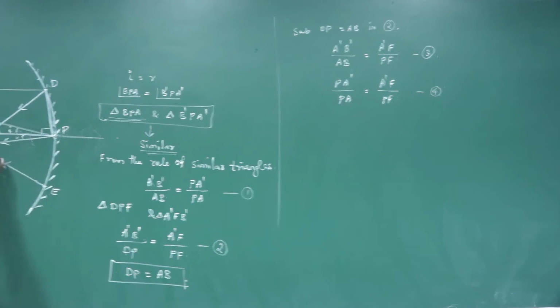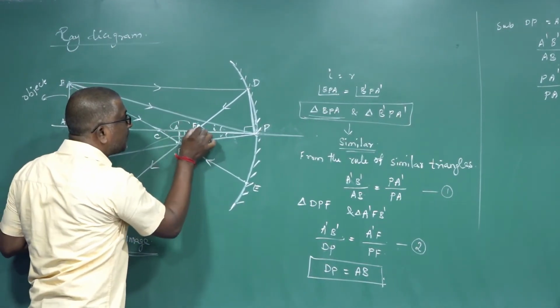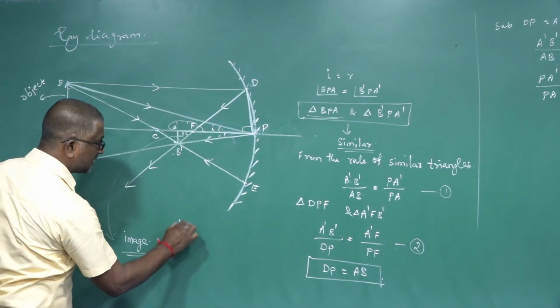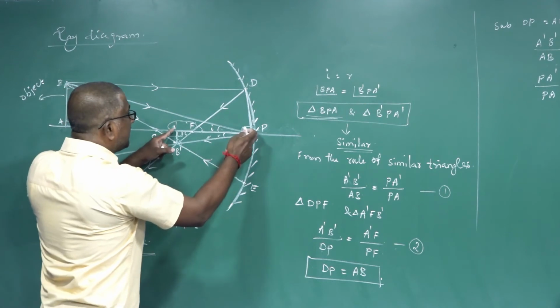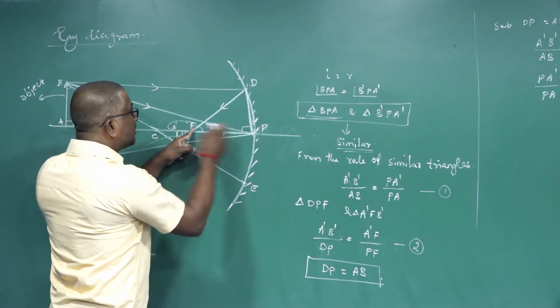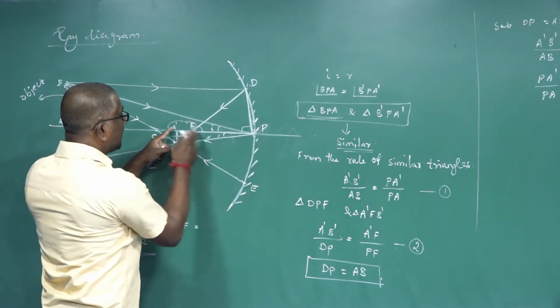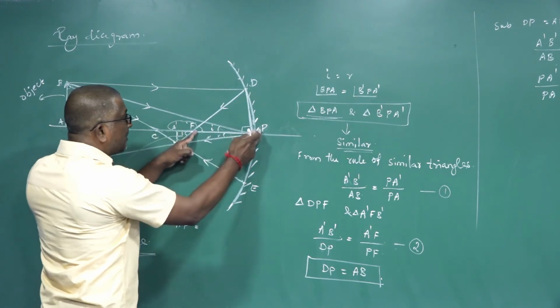In this ray diagram, the side A dash F can be written as PA dash minus PF, right? Here A dash F value is equal to PA dash minus PF.